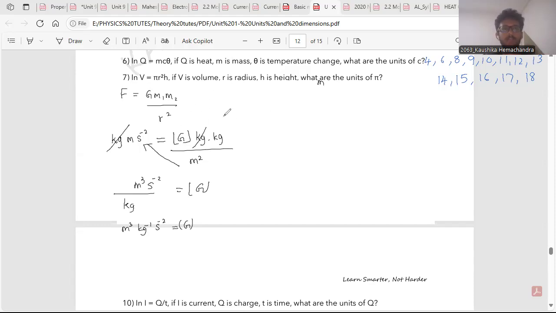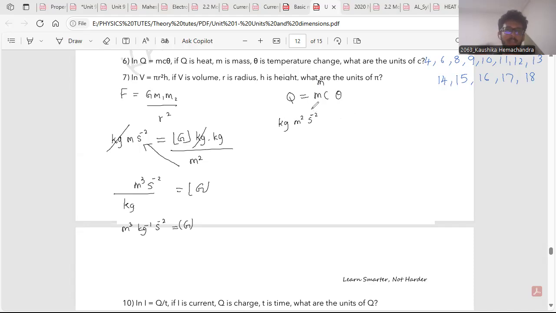Right. Sixth one, Q equals m c theta. Q is heat. In our first and second questions, we did about energy and joules. So Q is heat, that is a form of energy. Energy is kilograms meter square per square second.